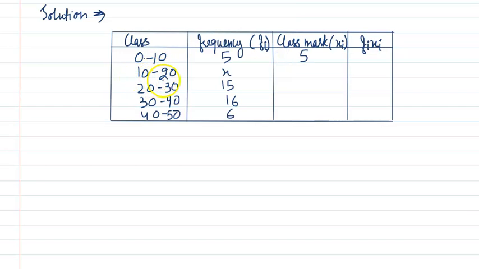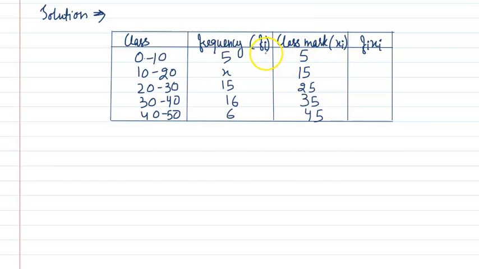So in this class interval, the mid value will be equal to 15, okay? Similarly, the mid value of this class interval will be equal to 25, and we can do it for this and this. It will be equal to 35 and 45, okay? Great. Now I have denoted class mark as Xi, okay?